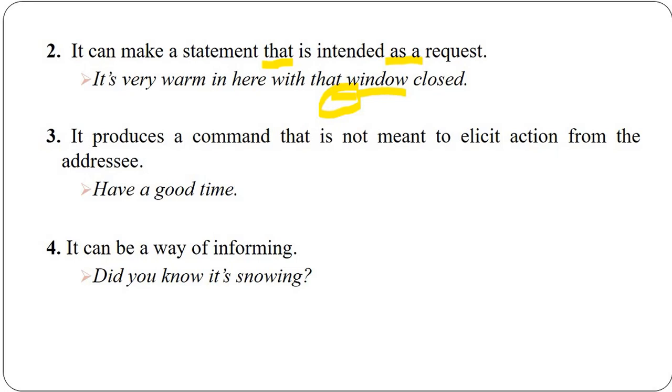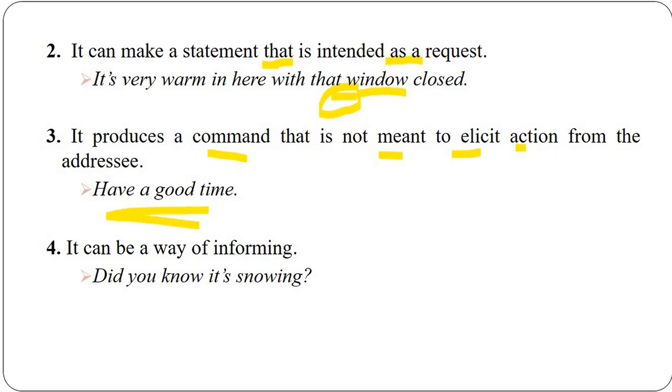Let's look at number 3. It produces a command that is not meant to elicit action from the addressee, like have a good time. This is similar to an imperative sentence, but here we do not convey a command to the listener.